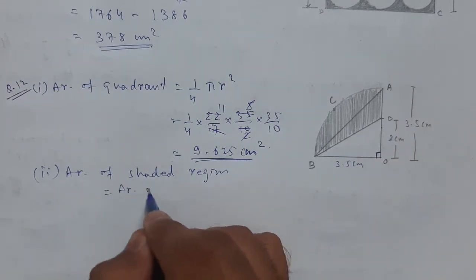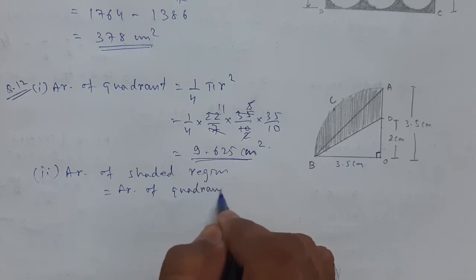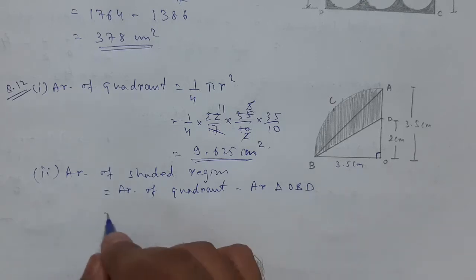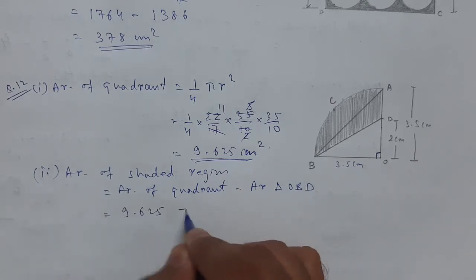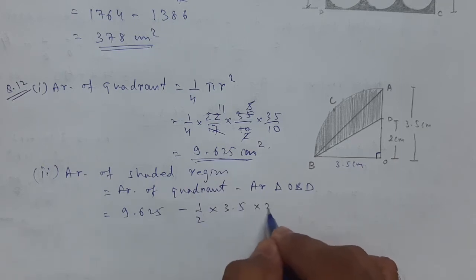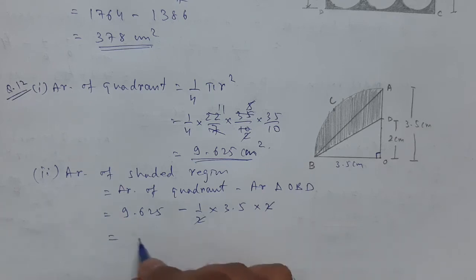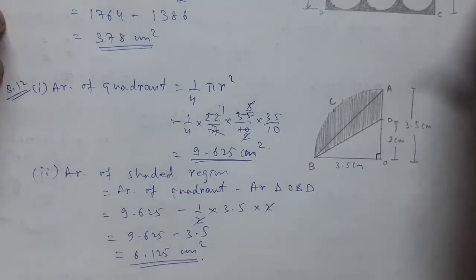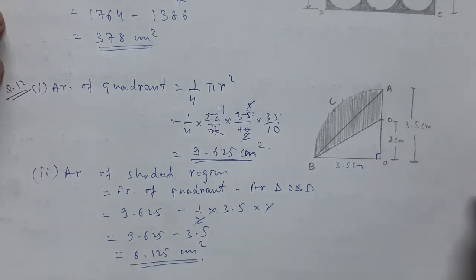Area of shaded region is equal to area of quadrant minus area of triangle OBD, that is equal to 9.625 minus 1 by 2 into 3.5 into 2, and 2 cancel, so 9.625 minus 3.5, and this will yield you 6.125 centimeter square. So this was about question number 12. Now let us go ahead with question number 13.